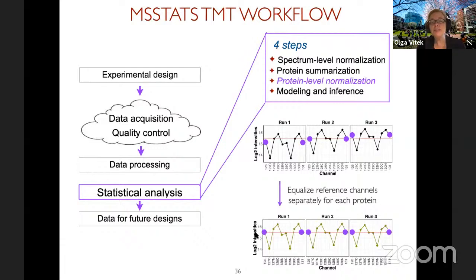A frequently asked question is about what happens if we don't have reference channels. And well, it is worse, to be honest, because then the only thing that we can do is to assume that the average signal across all the channels in run one should be comparable to the average signal across all the channels in run two, and so on. But this is a really strong assumption because we have a relatively small number of channels.